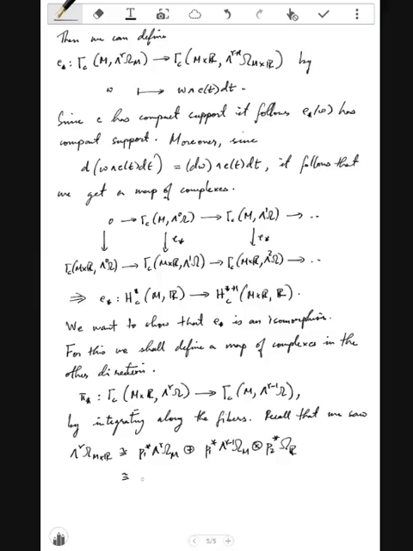So this is simply the direct sum of P1 upper star omega R minus 1 exterior R minus 1 omega M times a dt.